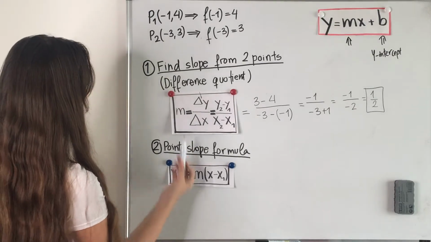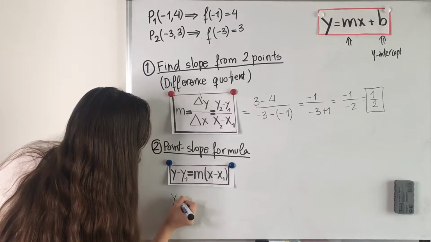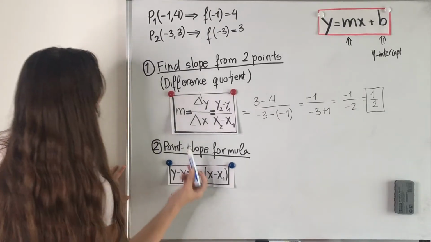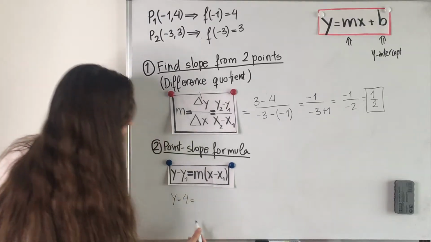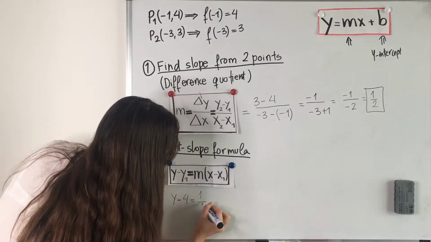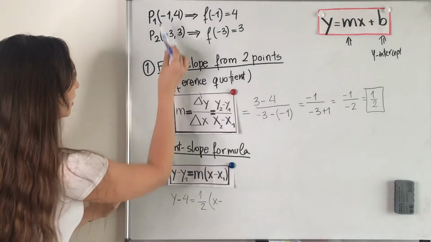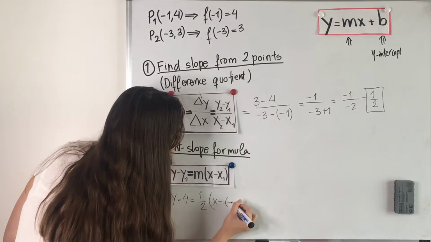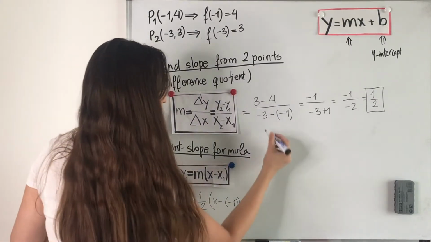Let's just choose one of the points. Let's choose P1. So we've got y minus the y coordinate in P1, which is 4, equals the slope that we just calculated, 1/2, multiplied by x minus the x coordinate, that is -1. So let me just go here.